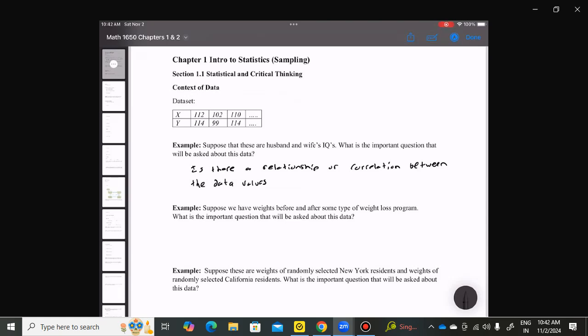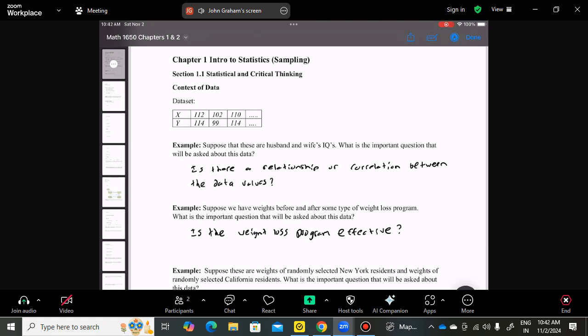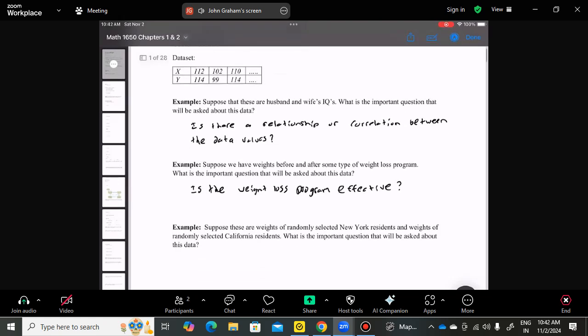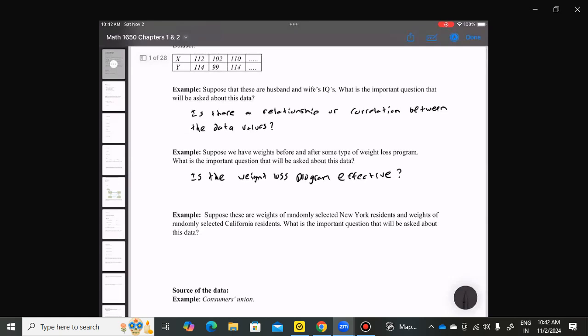Suppose we have weights before and after some type of weight loss program. We may ask, is the weight loss program effective? And suppose that the weights are from randomly selected New York residents and randomly selected California residents. We may ask, does one state have a higher average weight?